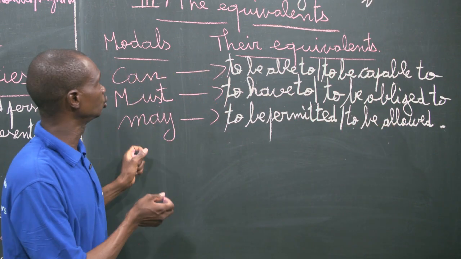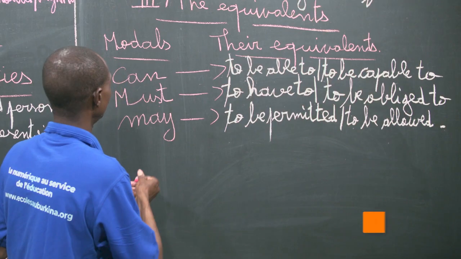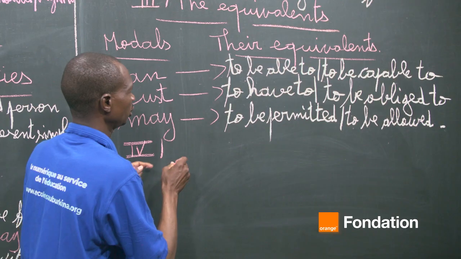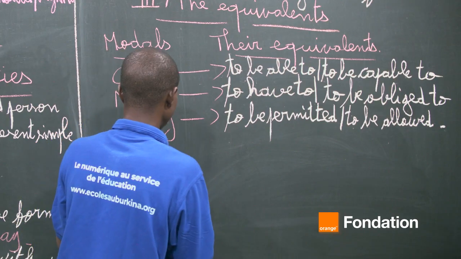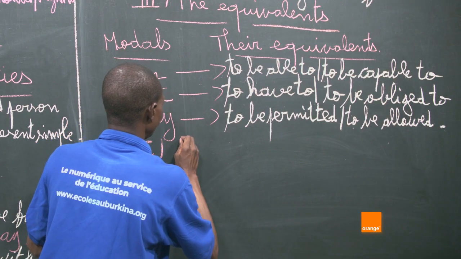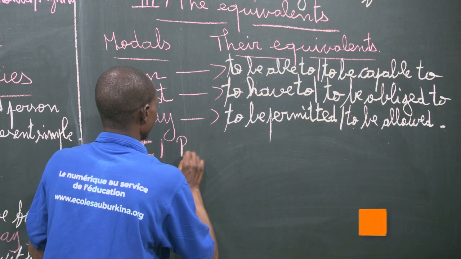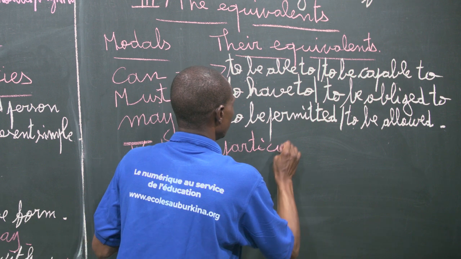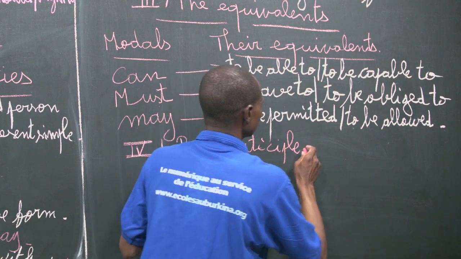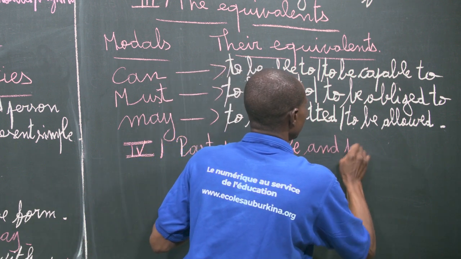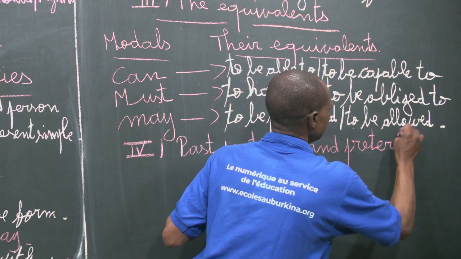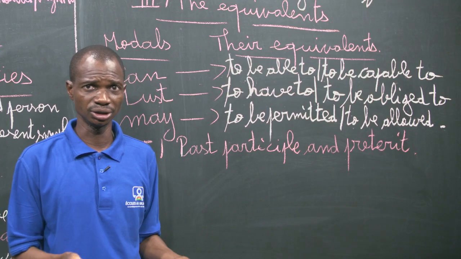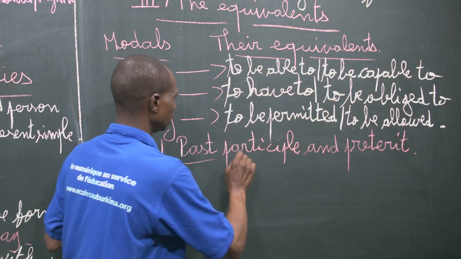Okay, we are going to use the fourth part to deal with the past participle and the preterite. The preterite is the simple past. Preterite and simple past are synonyms, the same thing.